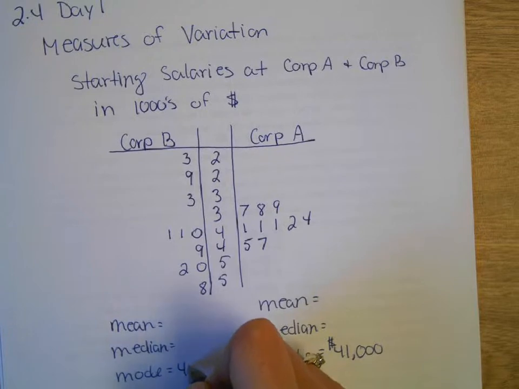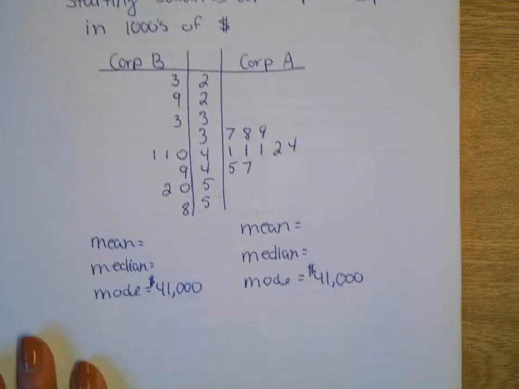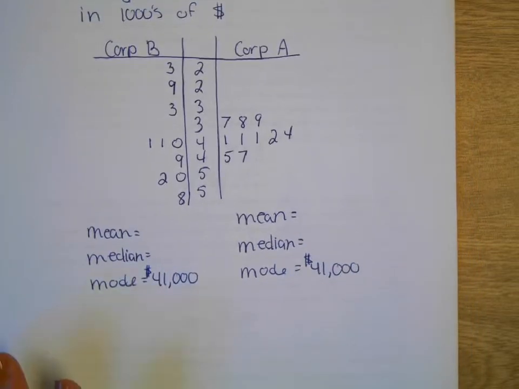And 41,000. Yeah, you could have each done one. Somebody could have done mean, somebody could have done median.